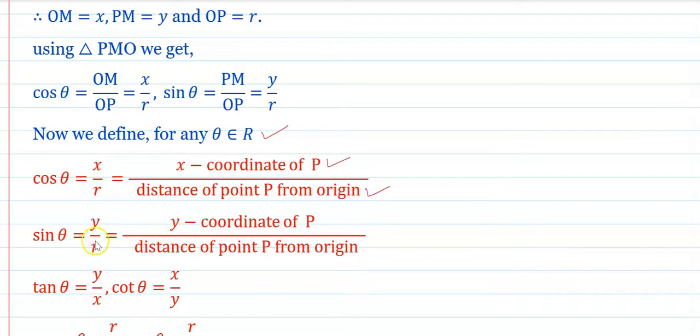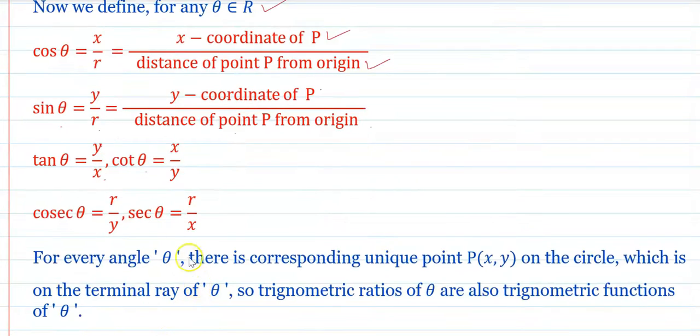Sine theta is y upon r, where y is the y coordinate of point P and r is the distance of P from the origin. Tan theta is y upon x. Cot theta is x upon y. Next, their reciprocals, cosec theta is r upon y and sec theta is r upon x.